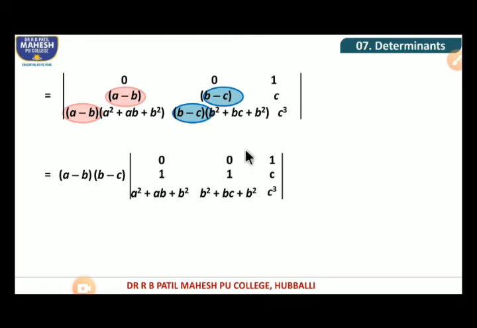And now here we have 0 0 1, which means we have 2 zeros in the first row, so we can expand it along the first row, because whenever any column or any row has the maximum number of zeros, then we can expand along that row or column.